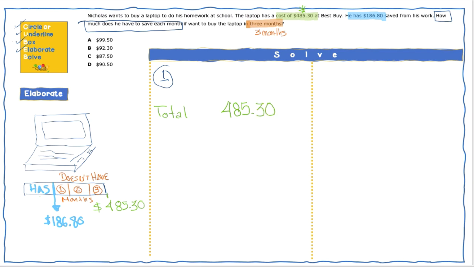And what he already has is 186 and 80 cents. If we remove the blue section from the whole rectangle, then we're going to figure out what he doesn't have. Imagine that you cover this blue section, then we're just left with the orange sections. So we're going to subtract those two.